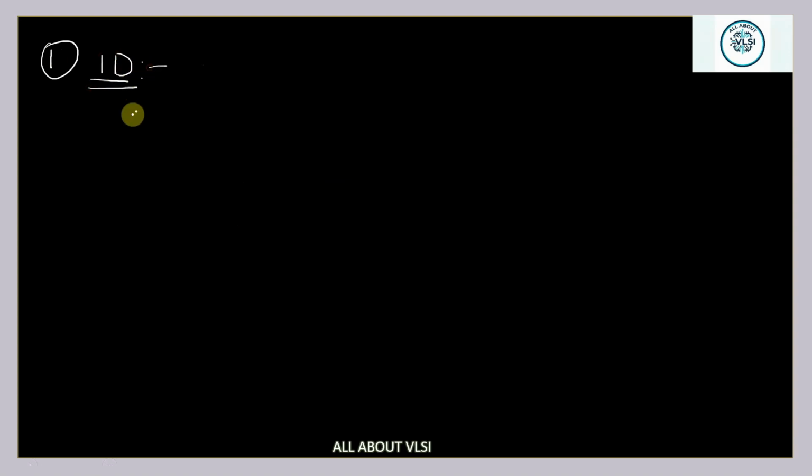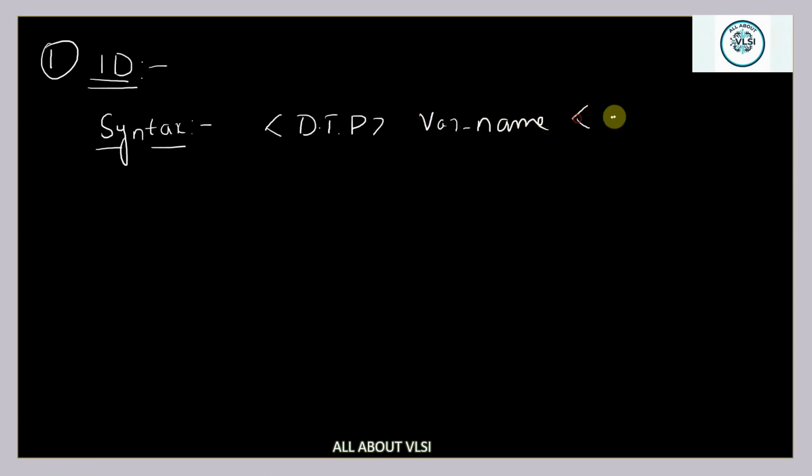Now let us see the syntax first. This is how the syntax of a 1D unpacked array is going to look like: data type followed by variable name and followed by the size. Here in the size you can mention LSB to MSB.